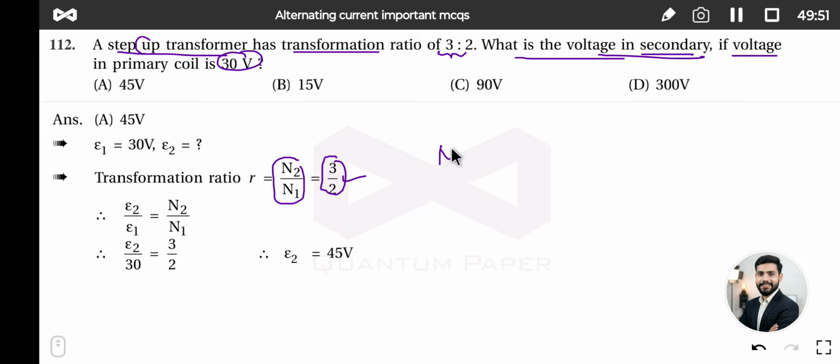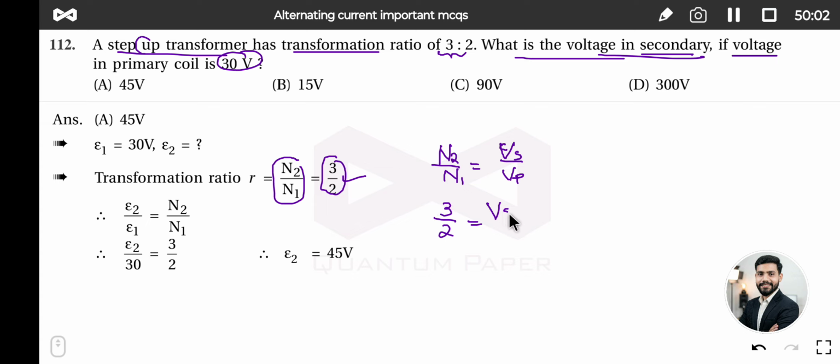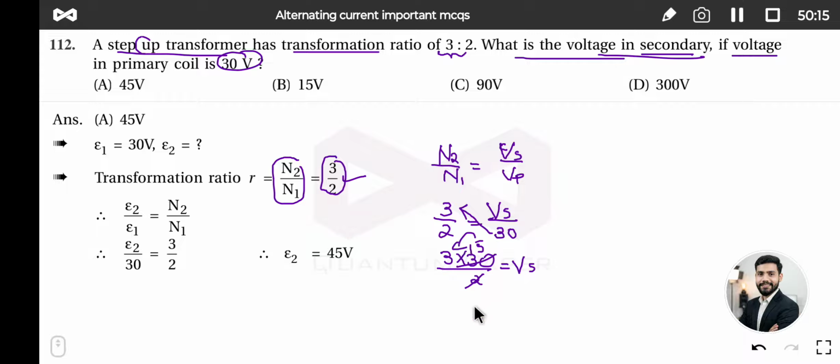So if you apply the formula, N2 by N1 is the same as Vs by Vp. N2 by N1 is 3 by 2, and voltage in primary is given to be 30. If we do the cross multiplication, 3 into 30 upon 2, if we cancel out, 15 into 3 is 45. The correct answer is 45 volt in the secondary voltage. Look at the next one.